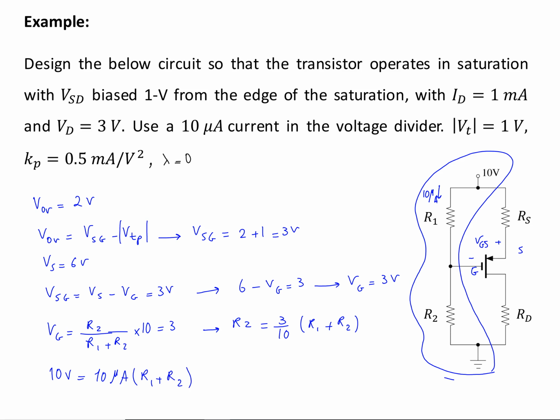Because Ig is equal to 0, there is no current flowing in here. The same 10 microamp flows through R2 and through R1. So I have another equation. Two equations with two unknowns, I can solve them to get the value of R1 and R2.